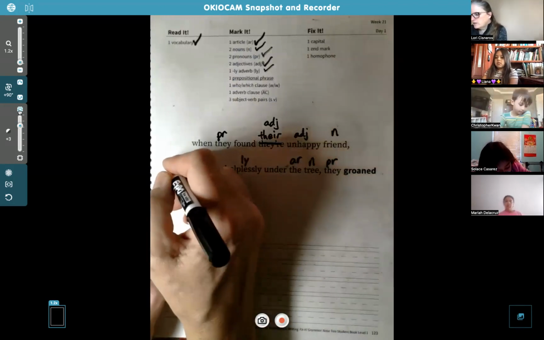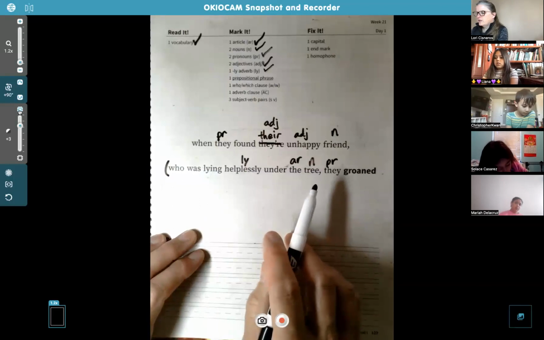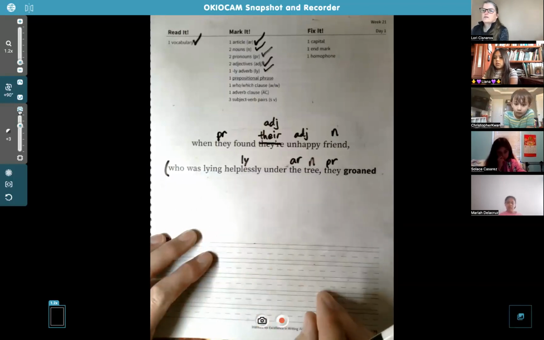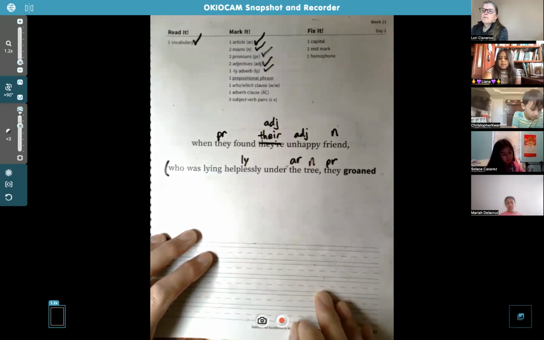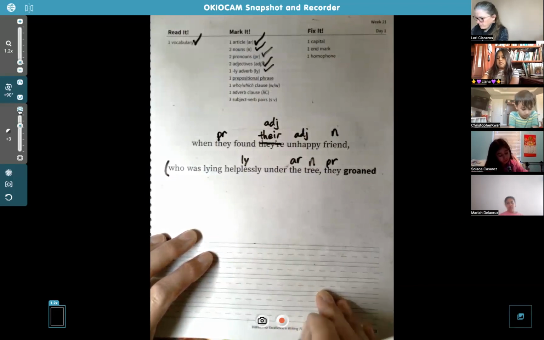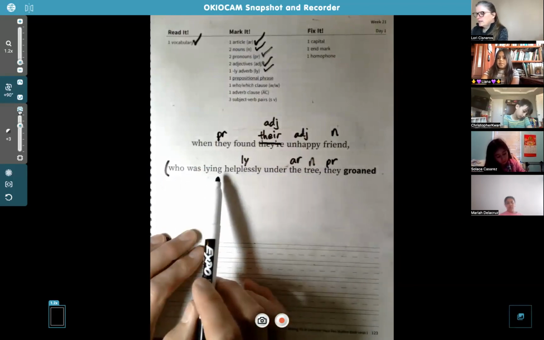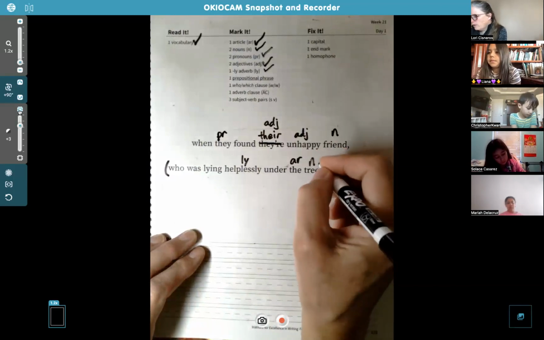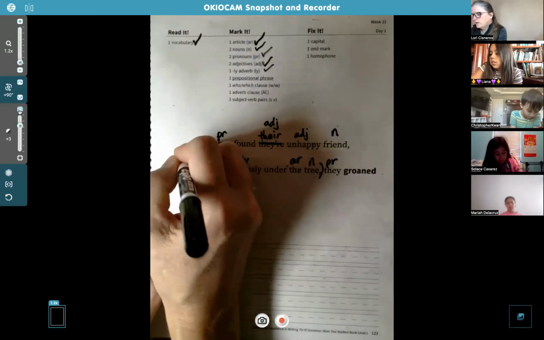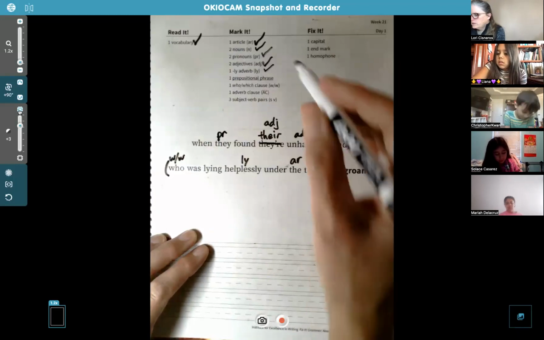It does. It starts on who. And then how far does it go? Who, what's the whole clause? It actually goes all the way to the comma. So the whole clause is, to tree. Yep, to tree. Who was lying helplessly under the tree? That whole thing is the who which clause. So we'll label it with W/W.